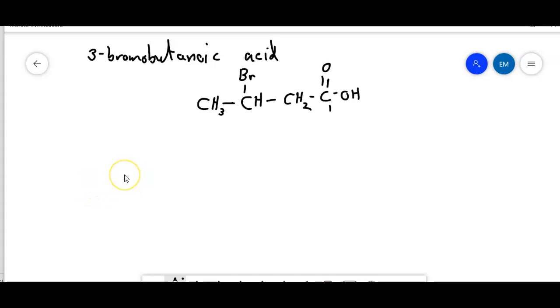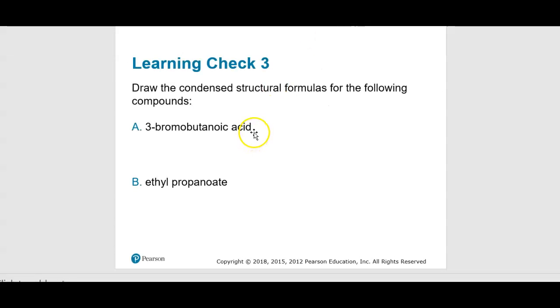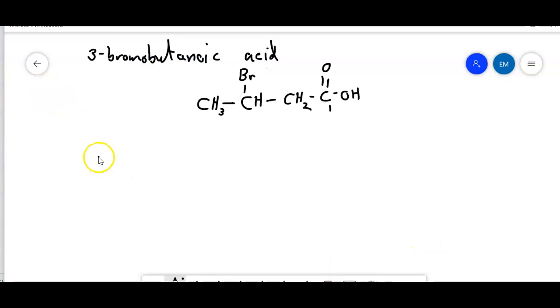Now let's do the other one first. Ethyl propanoate. Okay, you have the ethyl, the alkyl. Alkyl is sort of a generic name for this type of group. So this is ethyl. Well, you know what an ethyl is.